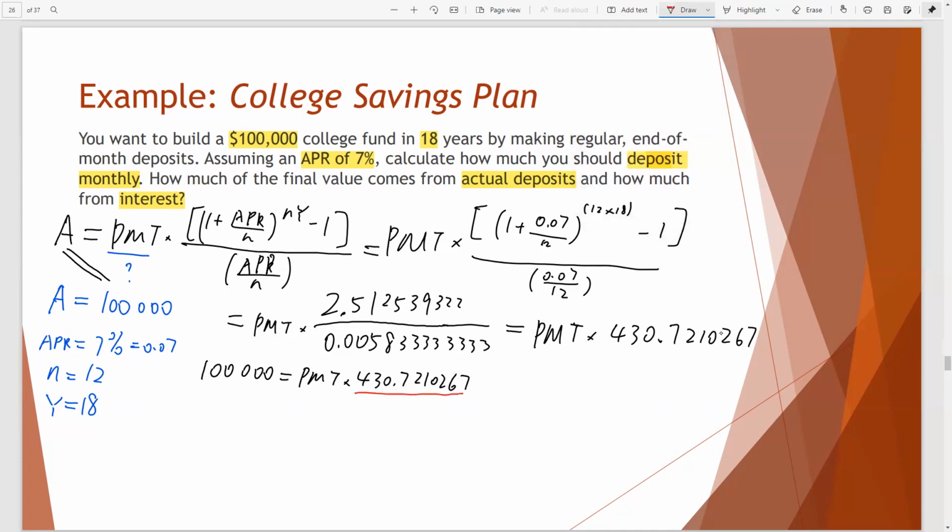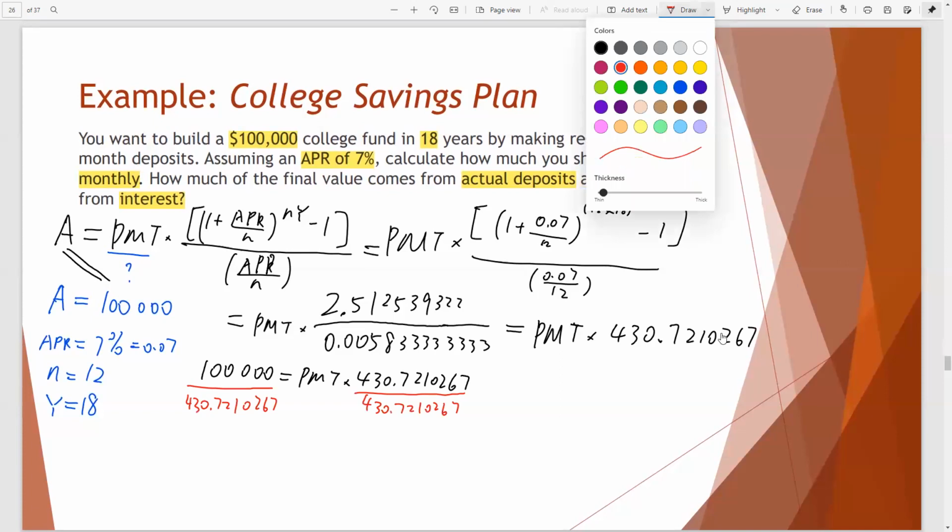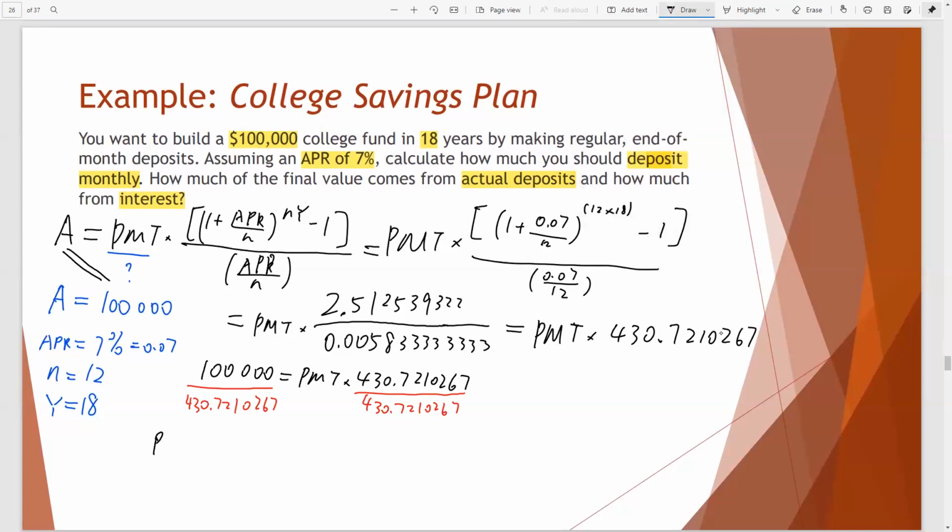So when we divide on both sides, we're able to get what? To get the monthly payments, right? Yes.